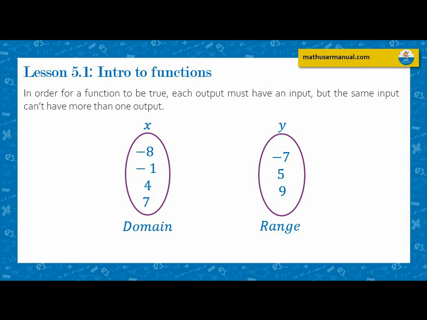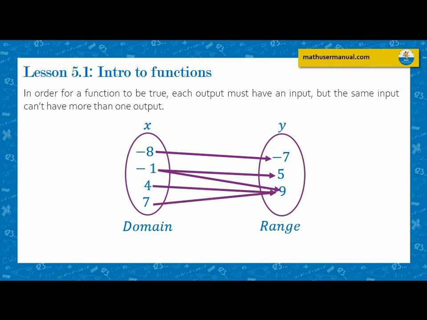Let's change these relationships. Now let's say that -8 is still related to -7. So -8 as input gives us an output of -7. Now -1 gives us an output of 5, but also gives us an output of 9. 4 gives us an output of 9, and 7 gives us an output of 9. The fact that 3 inputs give us the same output of 9 is not a problem at all.